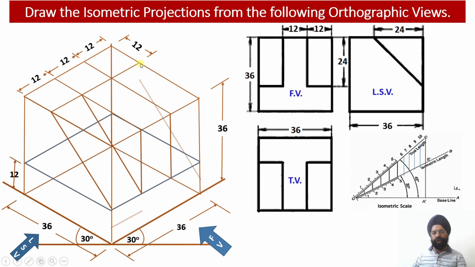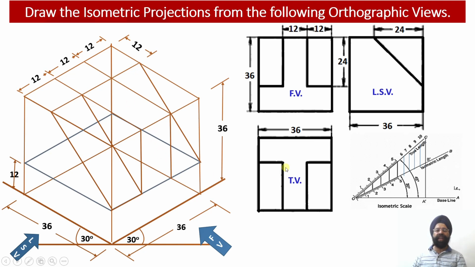So what I can do, I can join this edge over here. Now deliberately I did not join these two edges. Why? Because this vertical web has already covered this portion of the slant web which is going to appear over here.